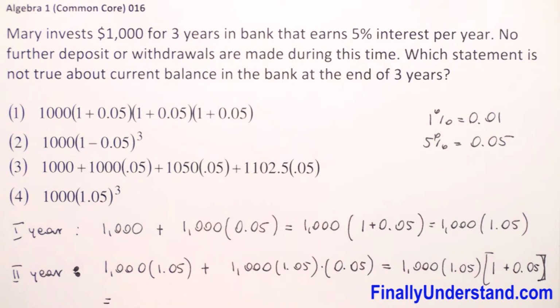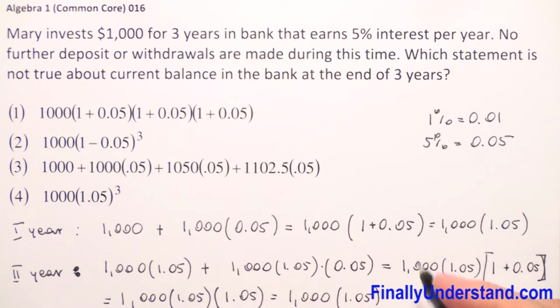So this is equal to 1,000 times 1.05 times 1 plus 0.05. In parentheses I will write 1.05. So this is equal to 1,000 times 1.05 to the second power. So this is the balance at the end of the second year.